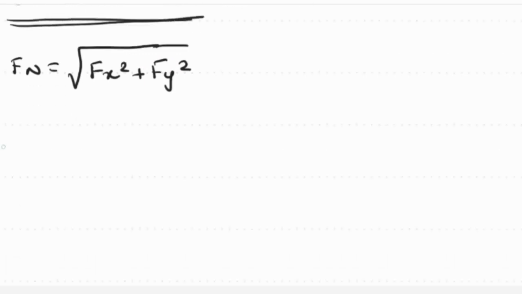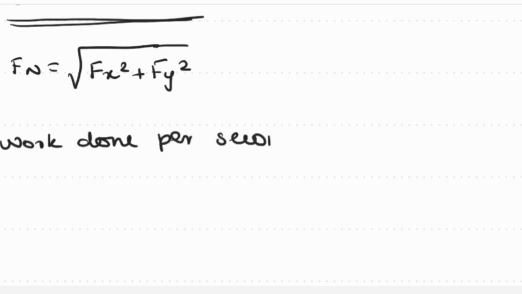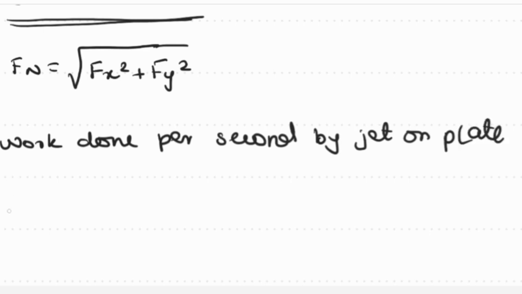Since we are dealing with a moving plate, work will be done, so we can derive the equation for work done per second by the jet on the plate. That is equal to force into velocity.